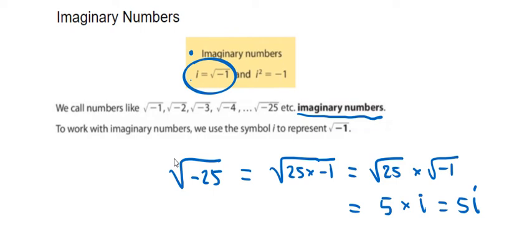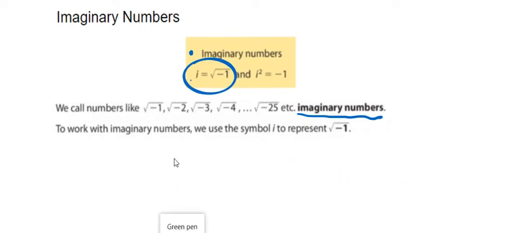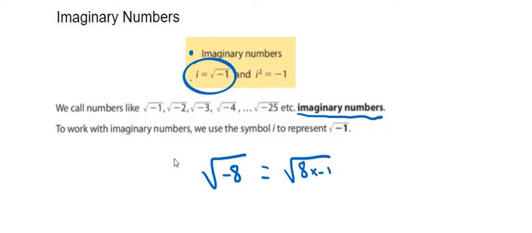If we take another one, the square root of minus 8, we could say that's the same thing as the square root of 8 multiplied by minus 1, which is the same as the square root of 8 multiplied by the square root of minus 1.